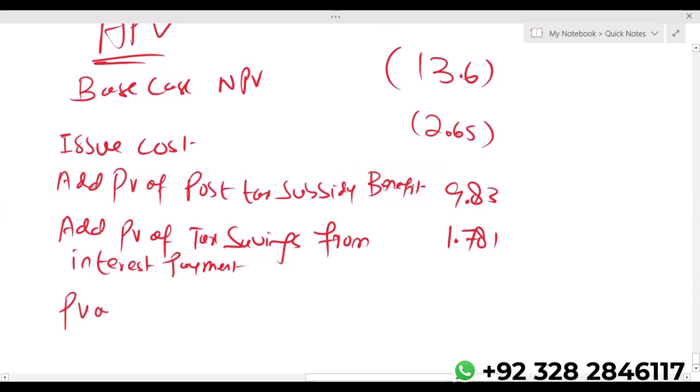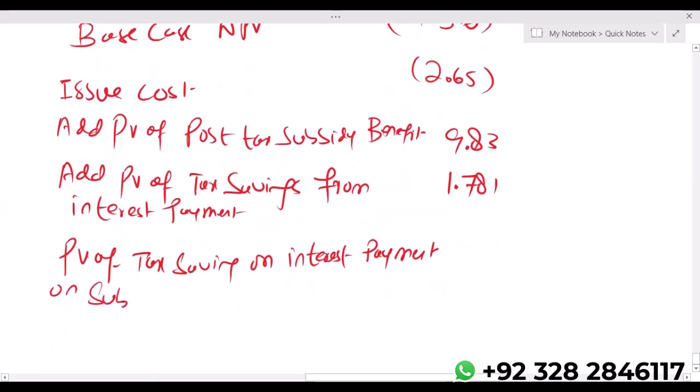Present value of tax savings on interest payments on subsidized loan. Students, subsidized loan amount is 70 million. On this 70, we are paying 2.7%.